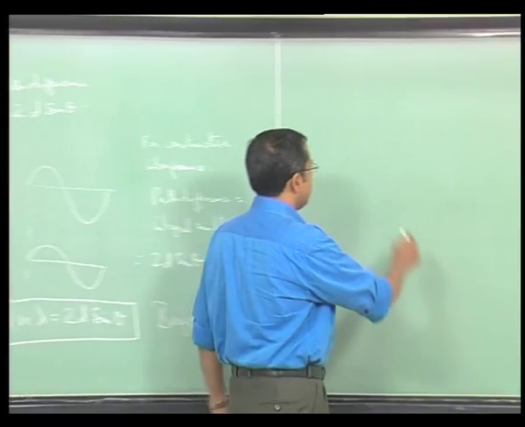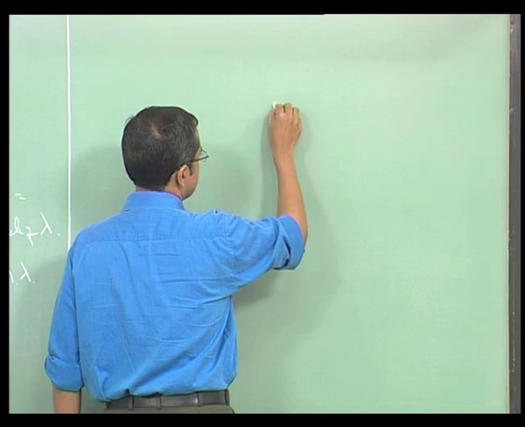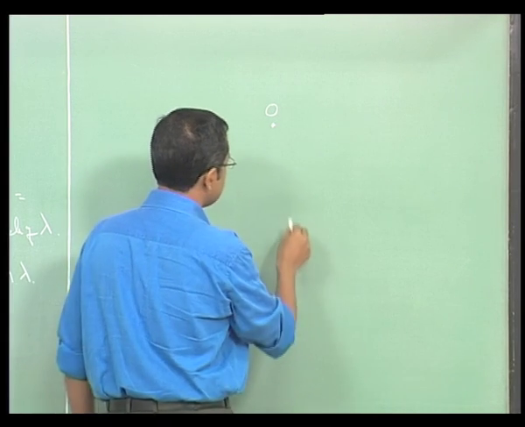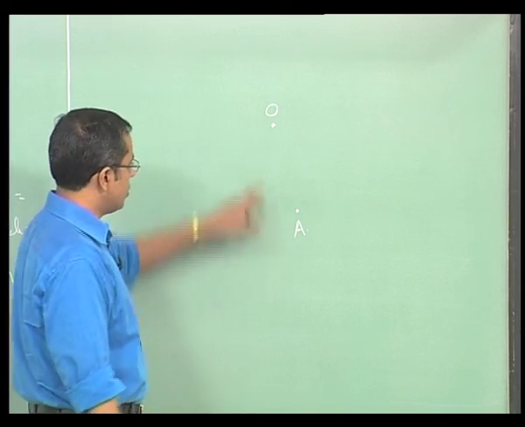So now let us take up an atom at the origin O and some other atom at a location A. We have two atoms here which belong to this periodic crystalline structure.